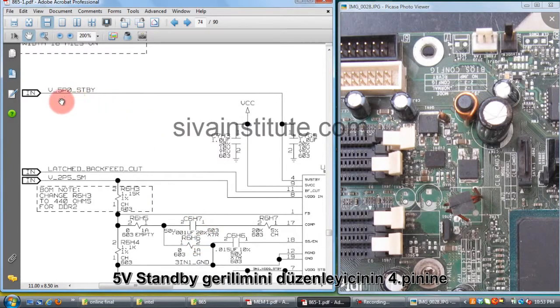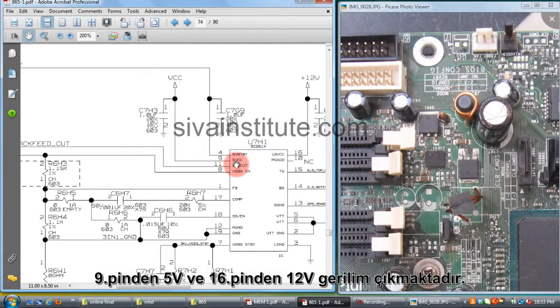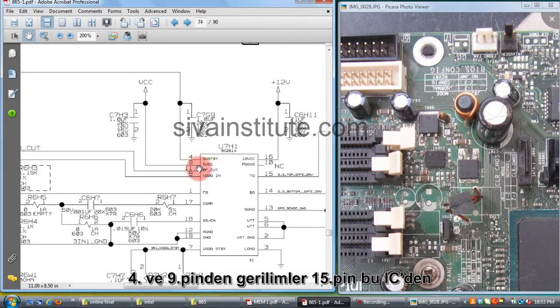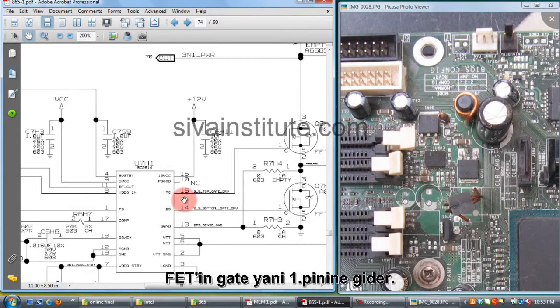When you give 5 volts standby voltage to pin number 4, VCC 5 volts to pin number 9 and 12 volts to pin number 16, the output voltage comes out from pin number 15. 2 volts output comes out from this IC to this gate, pin number 1.